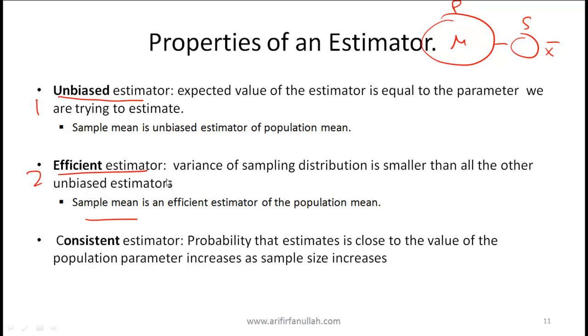The thing that you need to remember is that efficient estimator means that the variance is the lowest relative to other unbiased estimators. And finally, an estimator should be consistent, which means that the probability that the estimate is close to the value of the population parameter increases as sample size increases.